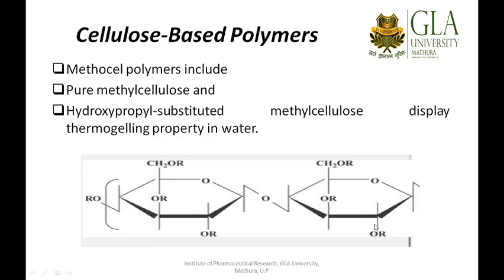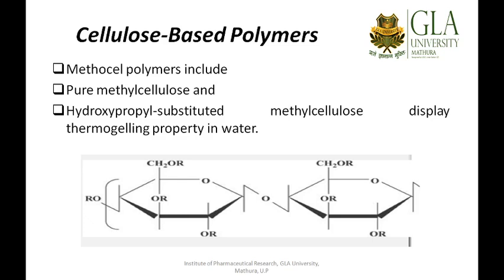You can see this is the structure of the cellulose, and we can replace or substitute it with different moieties. Let me show you an example. Hydroxypropyl substituted methyl cellulose displays thermogelling property in water. If we substitute a hydroxypropyl group, it will impart thermogelling property in water.